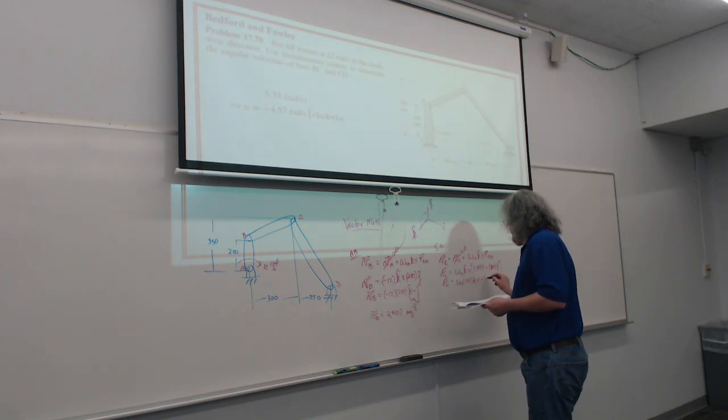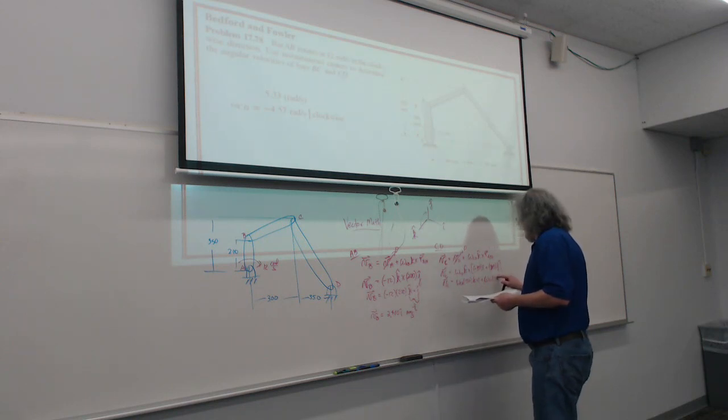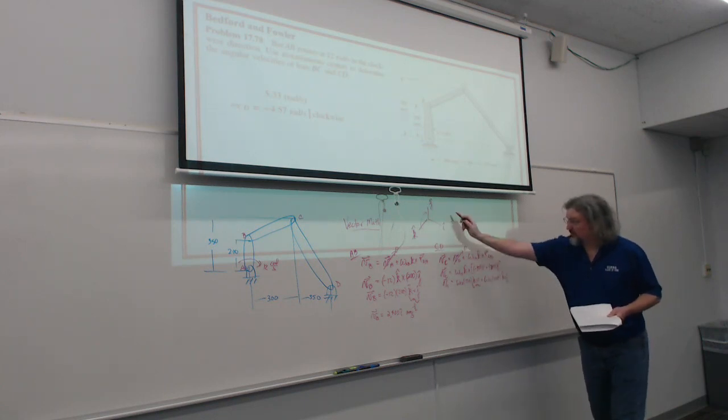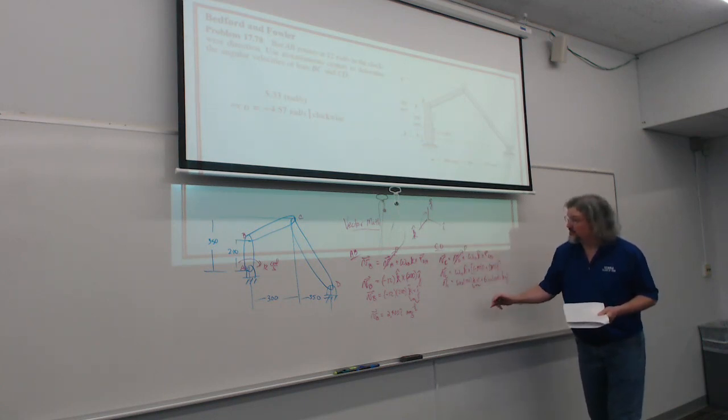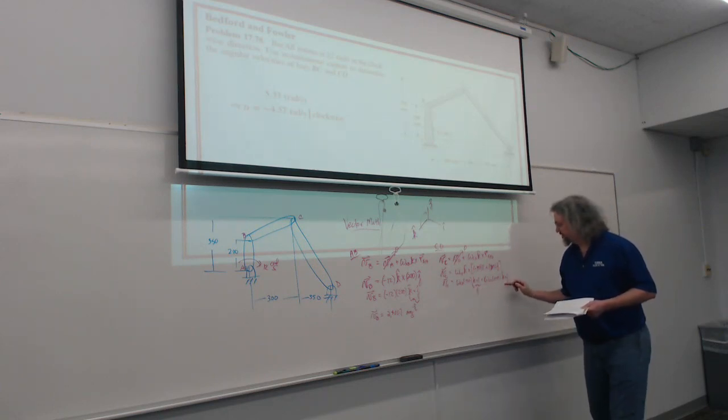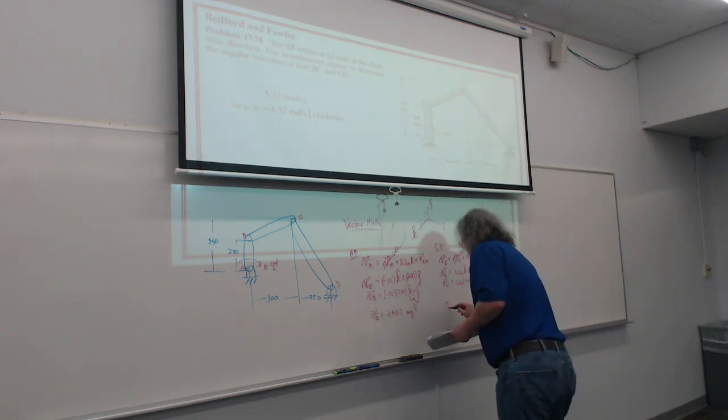plus omega CD 350. Oh, that's terrible. 350 K crossed with J. From here, we can see that K crossed with I goes up positive J. And this, just like before, is a negative I. So we could write out that the velocity of C is going to be, they're both going to be negative.